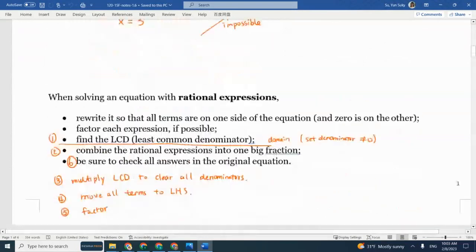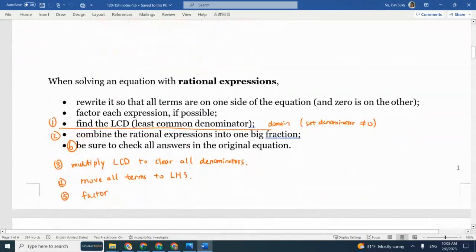When we solve equations involving rational expressions, here are the steps. We first find the LCD, the least common denominator, and we find the domain. The domain is the possible x values such that the expression makes sense, so we set the denominators not equal to 0.